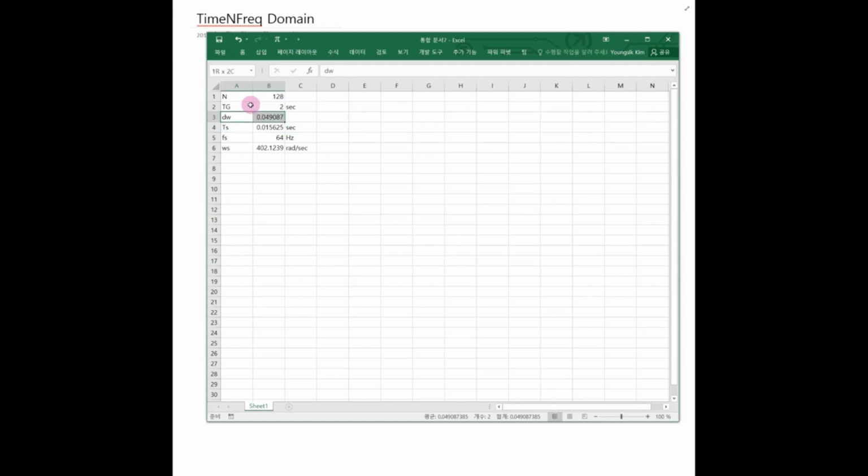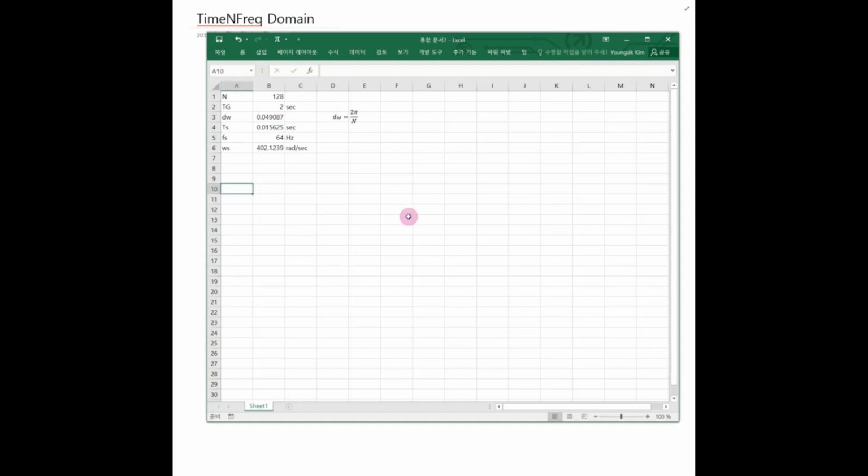So this is the frequency domain frequency step, as we talked about in the case of DTFT. The frequency step is 2 pi over N. This one is corresponding to this value.